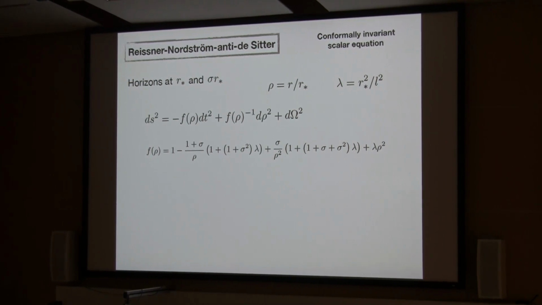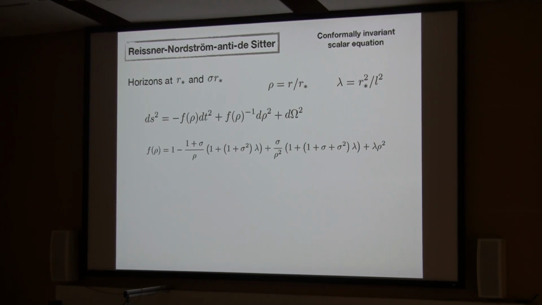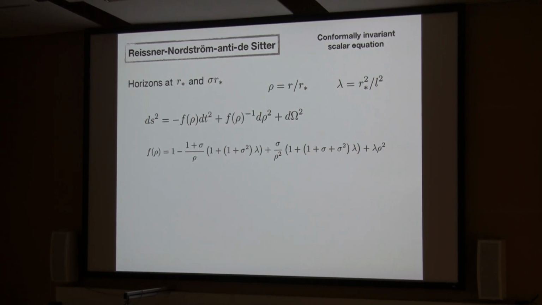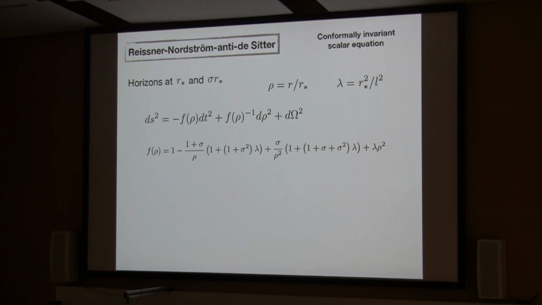So the first thing is the parameterization that is nice to work with here. It is good to scale everything to the location of the event horizon, and then introduce the other parameter, sigma, which is defined in terms of the Cauchy horizon.